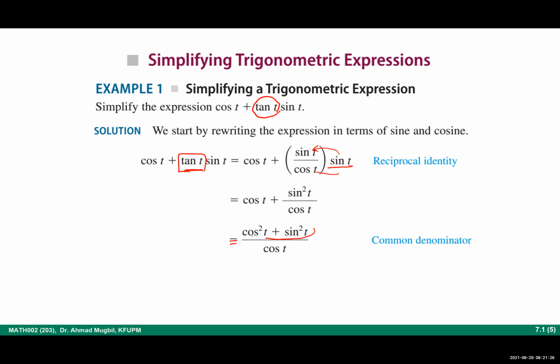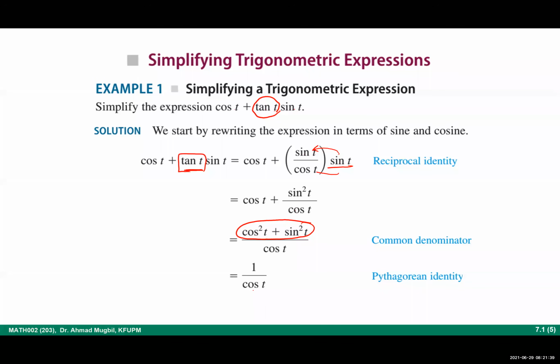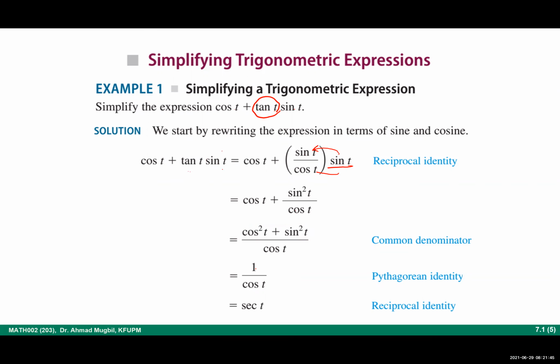What is this in the numerator, ya shabab? This is 1. So we have here 1 over cosine t. What is 1 over cosine t? Secant t. So all of this equals secant t.